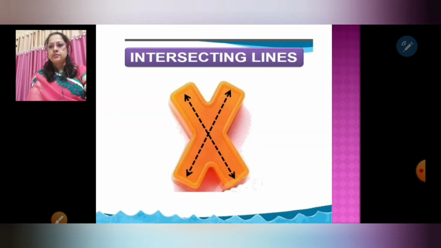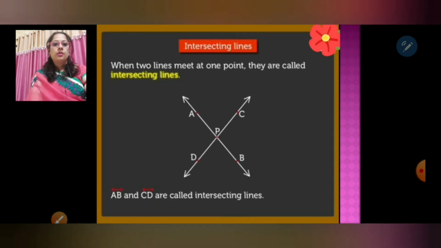Intersecting lines. Lines that cross at some point are called intersecting lines. In mathematical symbols, the multiplication sign is an example of intersecting lines. When two lines meet at one point, they are called intersecting lines.